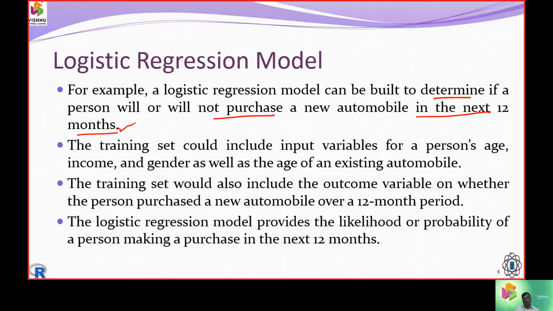If this is the question, what should the data set be? The data set is part of a training set, and it gives different persons' ages, incomes, genders, and existing automobile.